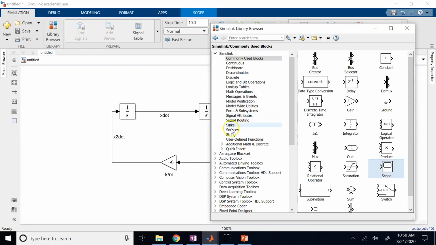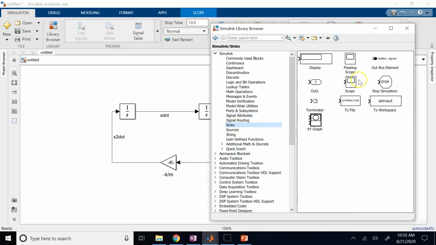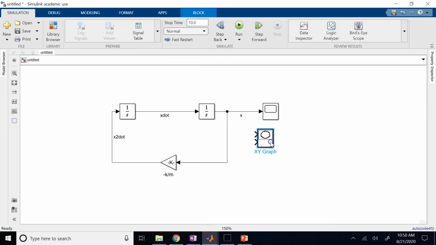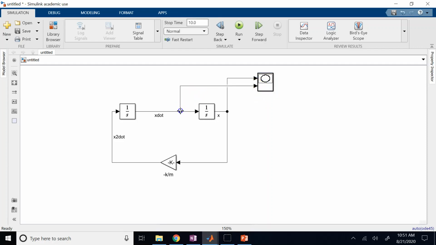So in order to do that, under sinks, you bring this guy called xy graph. Okay, and here, instead of doing this, you will bring your x-axis and your y-axis. So my x-axis is going to be x, actually. And then here is going to be x dot.